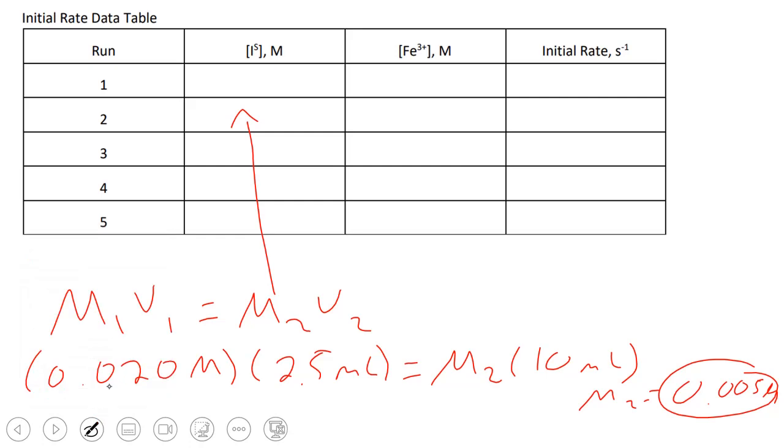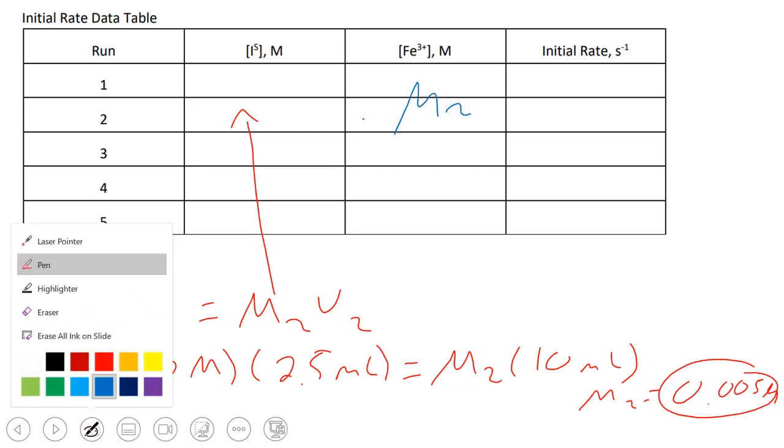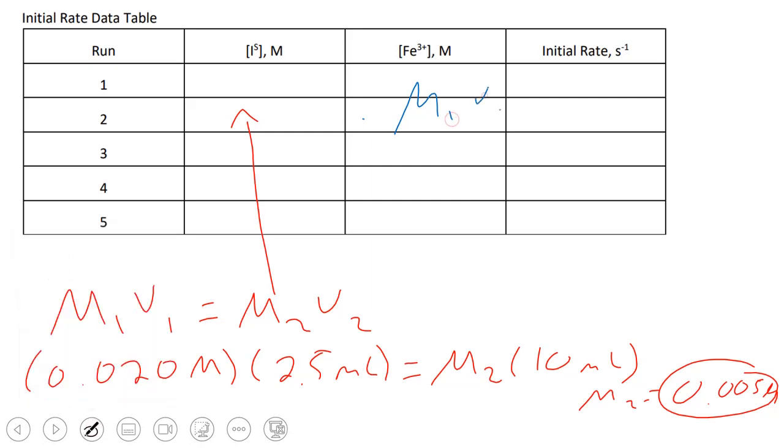Now if we look at iron in trial 2, we take 5 milliliters of iron and dilute that to 10 milliliters. So M1V1 equals M2V2.